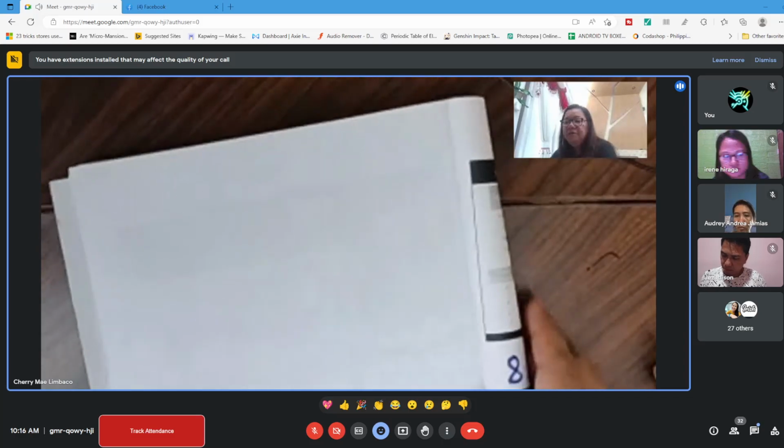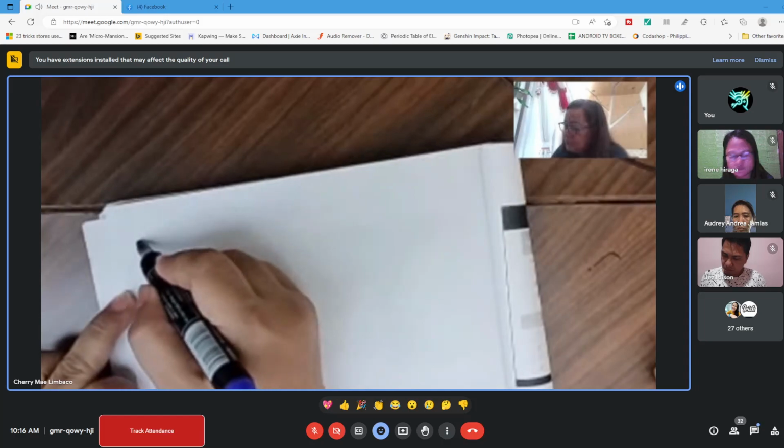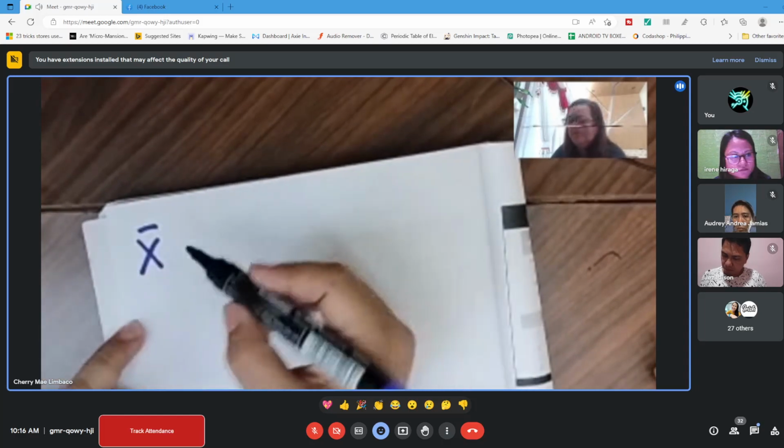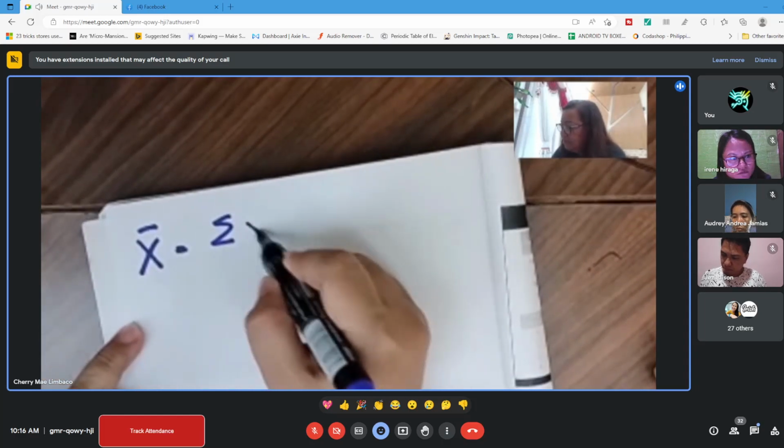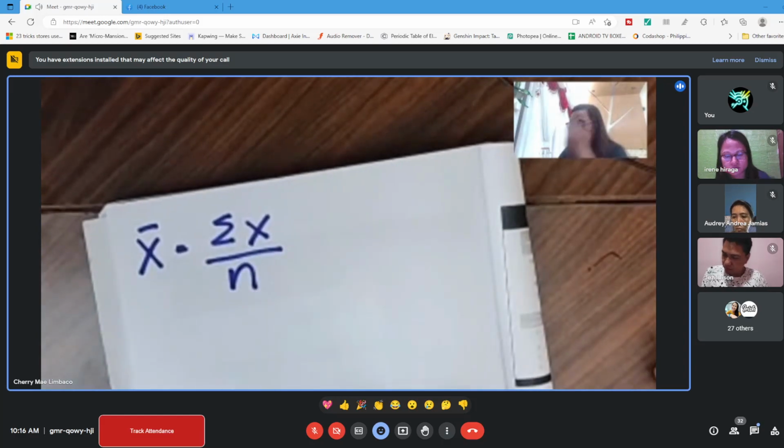So, if we will solve it now following the formula, mean is equal to sum of x over n. So when we write it, we will do it this way.